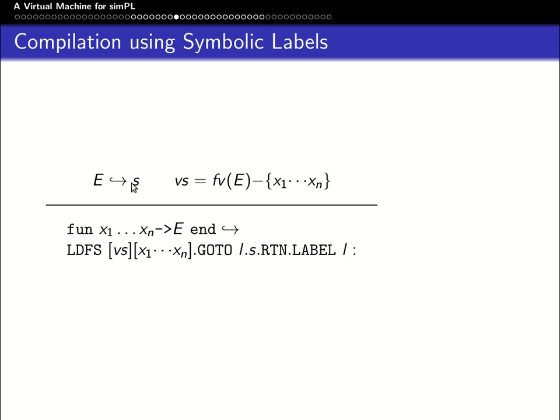So of that set of free variables in E, part of these free variables are going to be bound, these are the x's, and part of them are going to remain free. So if you look at the previous example, inside the body of G we have x and y, both of them free, but as soon as we go to the scope of G, the y becomes bound, but the x stays free, right? So the y will be part of this set, whereas the x will be part of this vs. Okay?